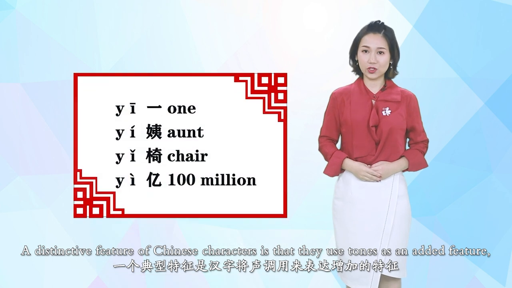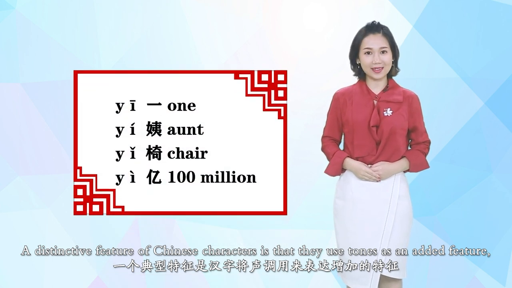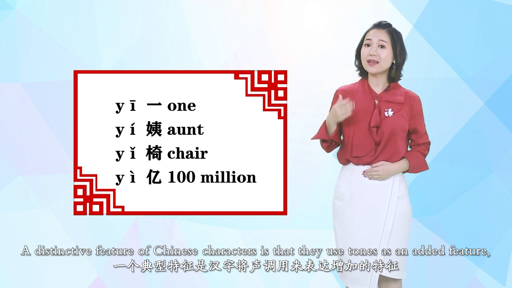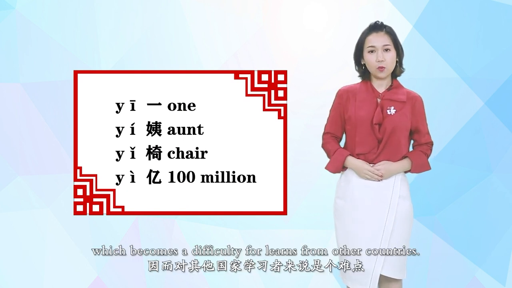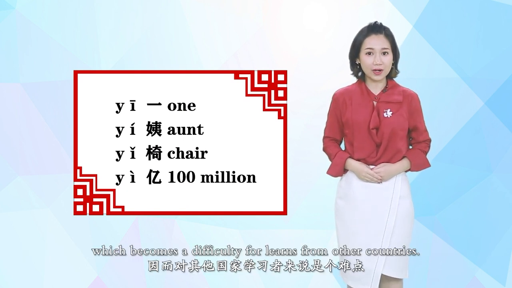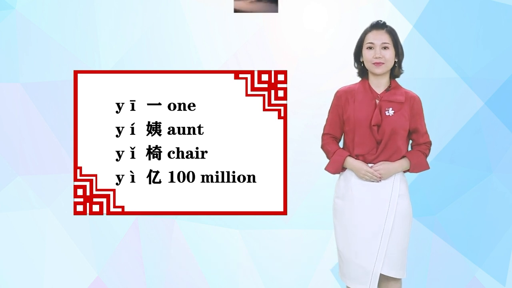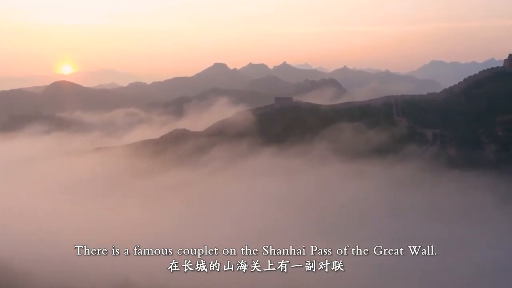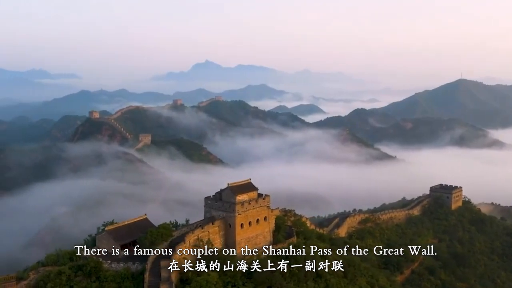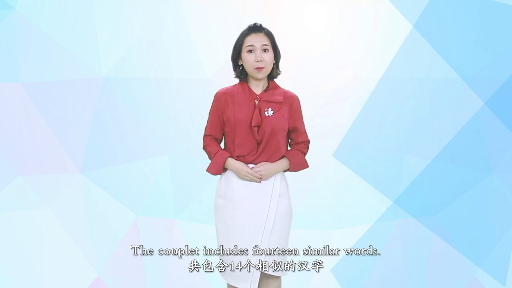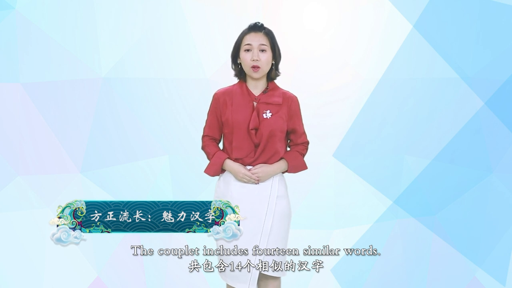A distinctive feature of Chinese characters is that they use tones as an added feature, which becomes a difficulty for learners from other countries. There is a famous couplet on the Shanhai Pass of the Great Wall. The couplet includes 14 similar words.